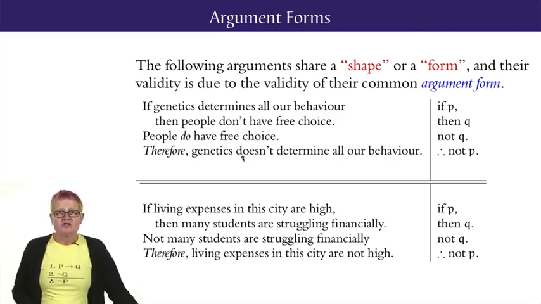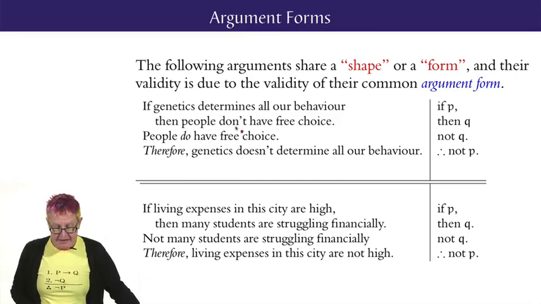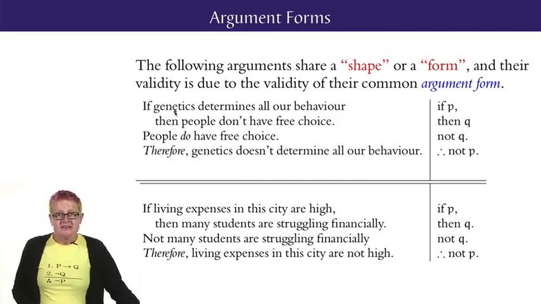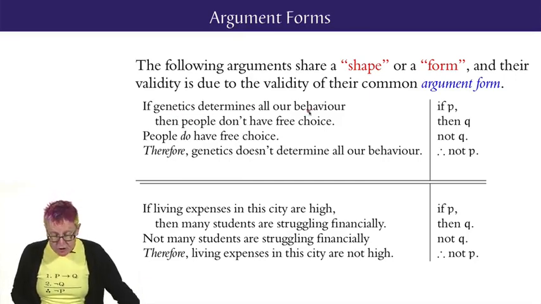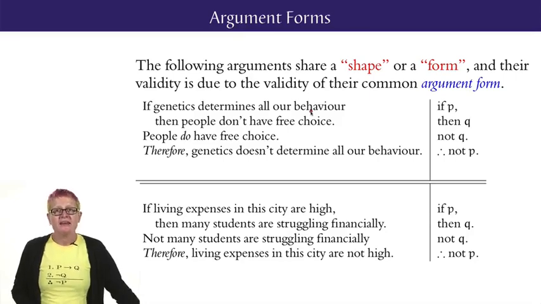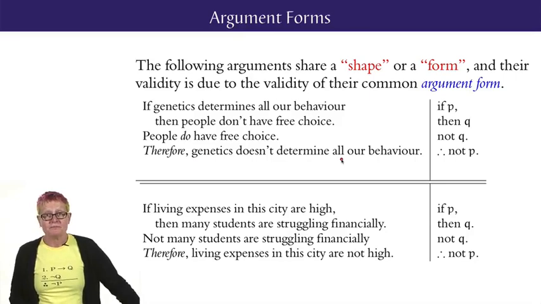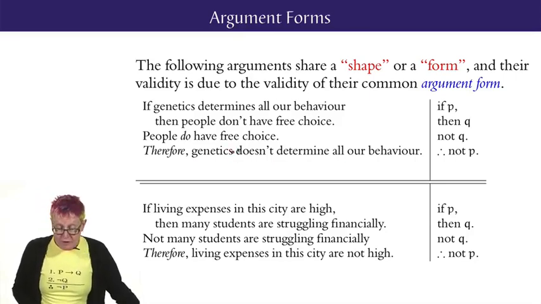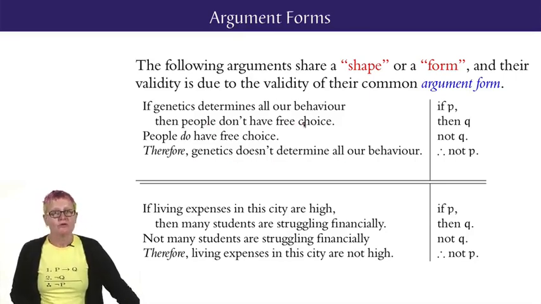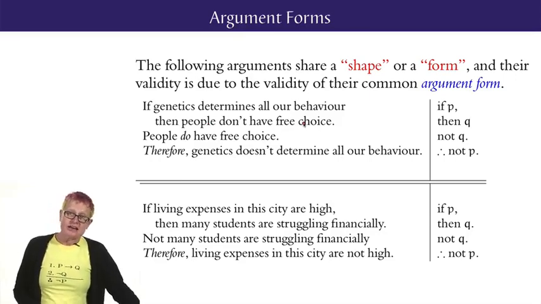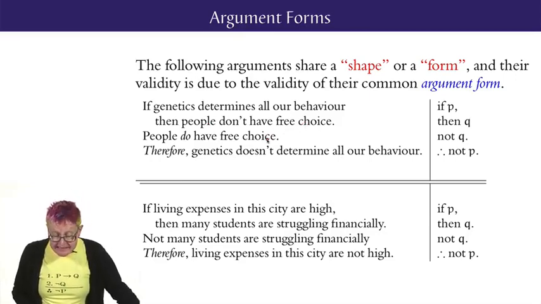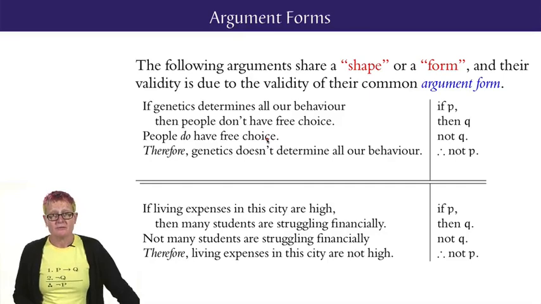In extracting the logical form, we must notice the repeat occurrences of the basic sentences. The antecedent of the first premise conditional occurs again in the conclusion in negated form. And the consequent of the first premise conditional occurs again in negation opposite form in the second premise of the argument.